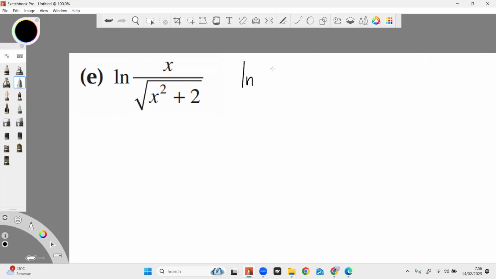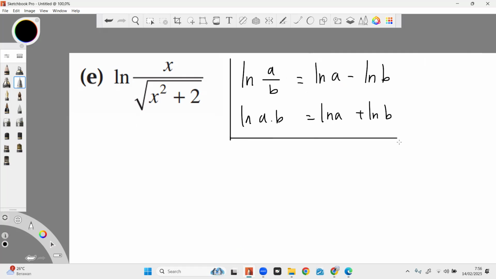Ln A over B can be rewritten as ln A subtract ln B. Or if I have ln A times B, ln A plus ln B. If multiply, you can add. If you divide, you can subtract. Use this way. I think this is faster. But as long as you memorize this. If you don't memorize, you can use my previous way.